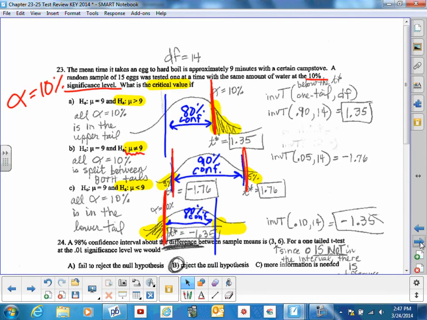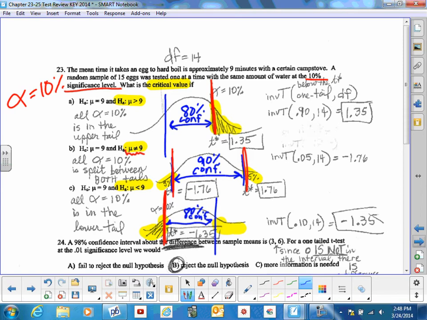Here it is. Okay, this one is saying that the sample size is 15, so our degrees of freedom is 14, and the alpha is 10%. So the key to these problems is the tails.